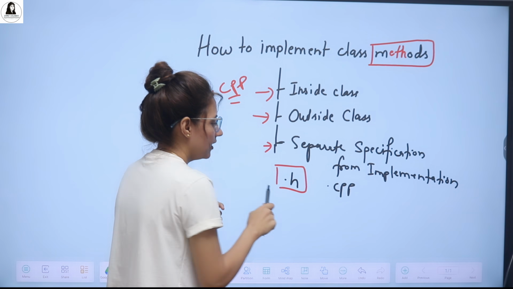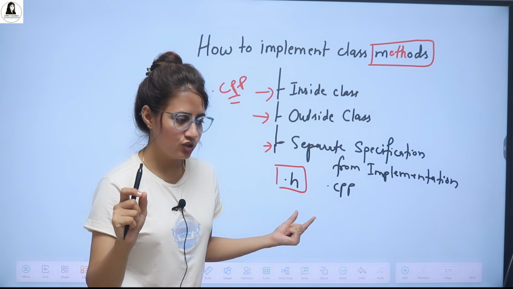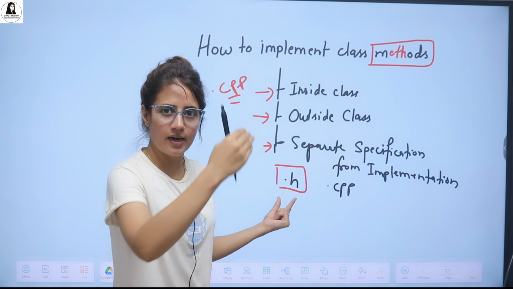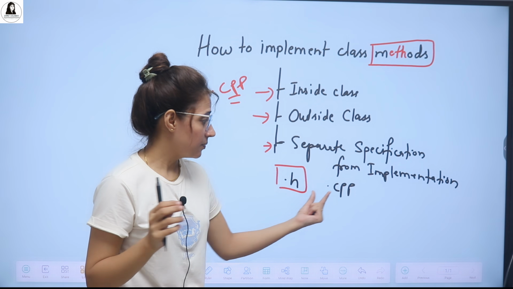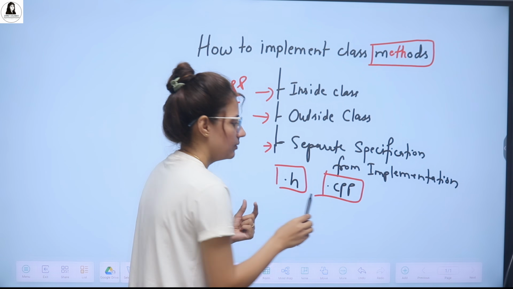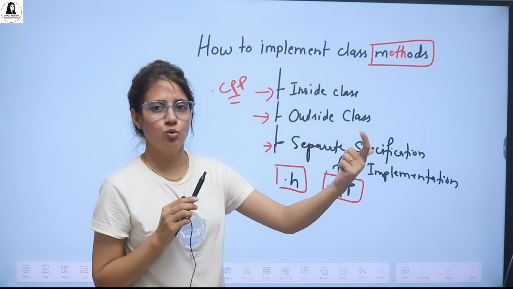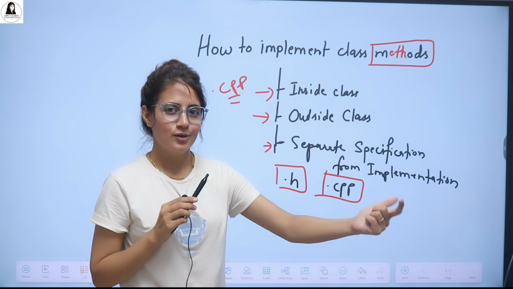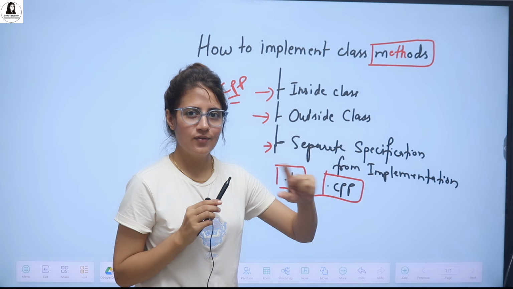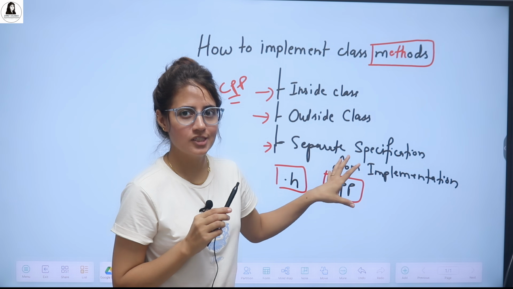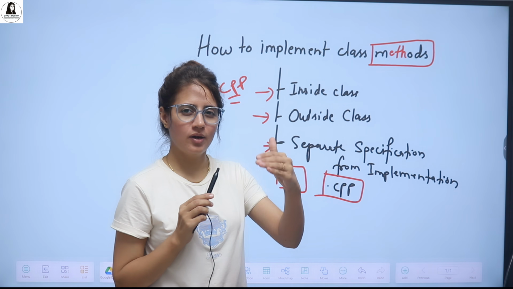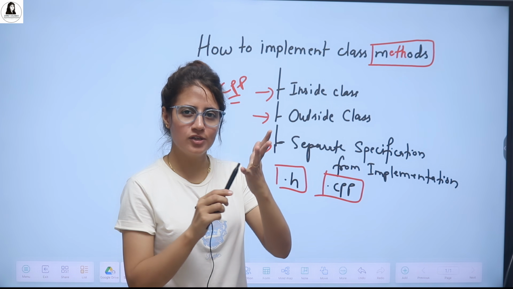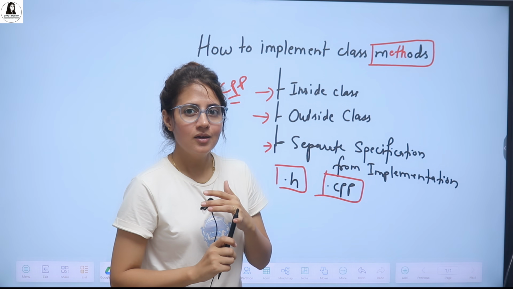In the .h file, only the declaration of the class and its methods, no implementation of those methods, and one separate .cpp file where we implement those methods. So generally in software development, when we are using this OOPS concept, the project would be divided into two files: one is a .h file, one is a .cpp file.